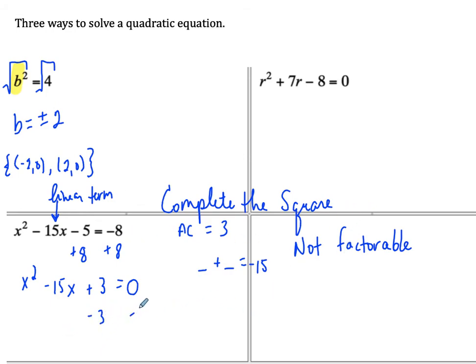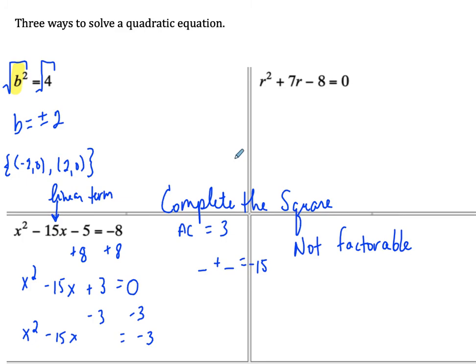So then if I move 3 to the other side, I'll get x squared minus 15x is equal to negative 3. And then this is going to be one of those ones where I would probably want to multiply through by 4 and solve it. And actually, I'm not even going to solve it here because what I'm really interested in focusing on here is that we can use completing the square when we can't use the other options.